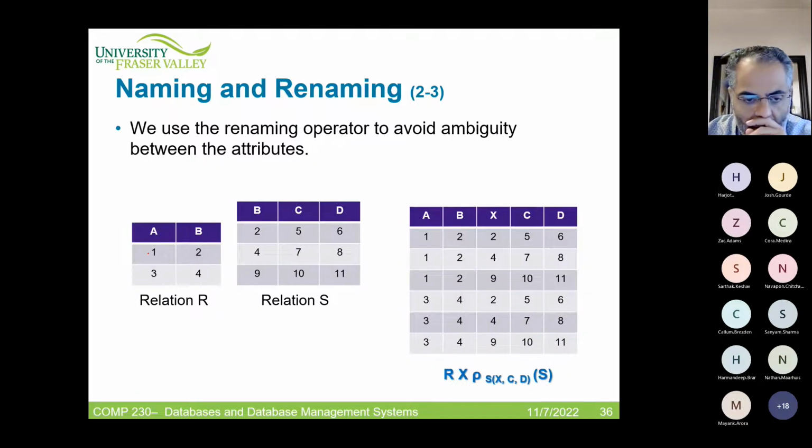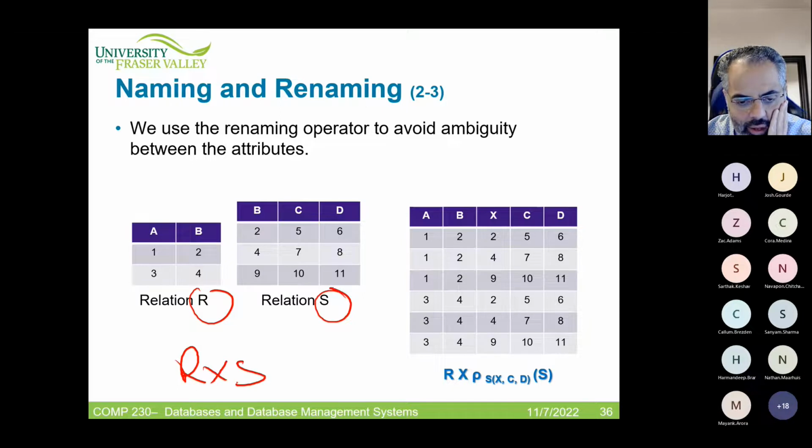Here we have a relation R in the database, and we have another relation S. Rather than saying R cross S, I will do R cross S after renaming.